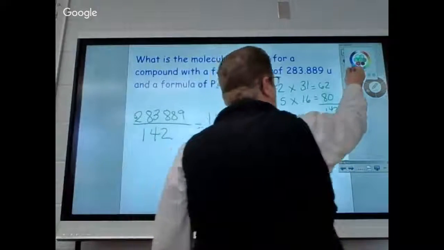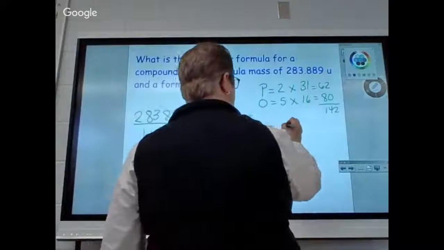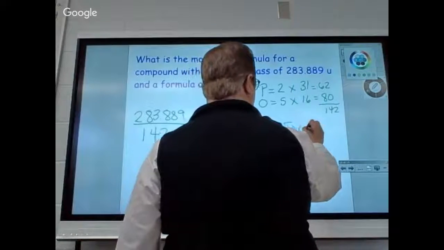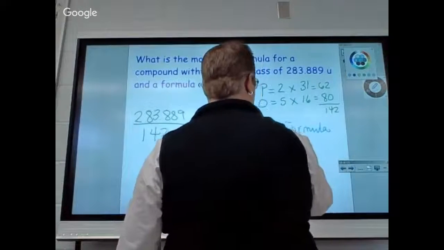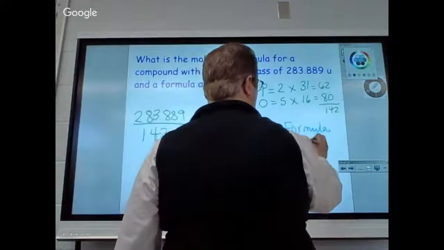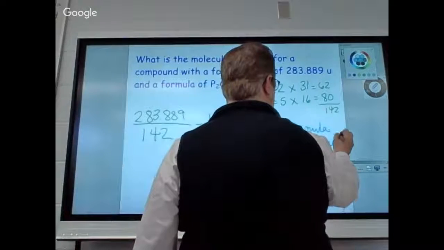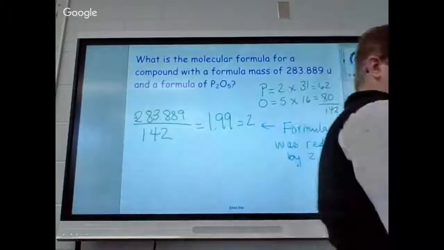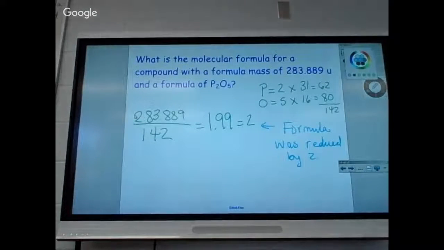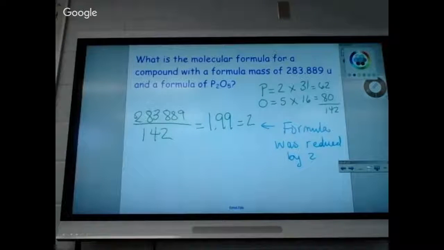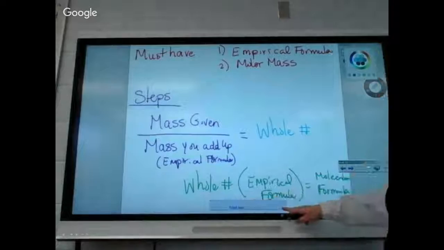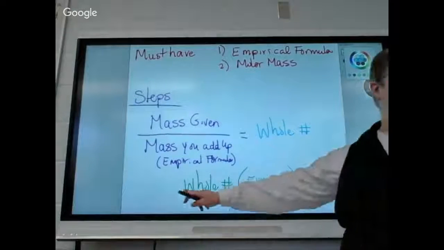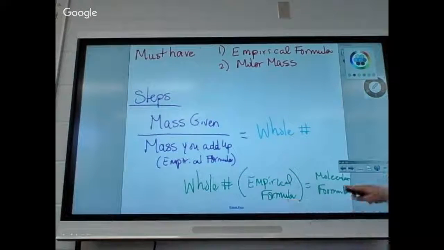Now, this means that my formula was reduced by 2. That's what we just found. Okay? We found what the formula was reduced by. So this step right here that we're doing, this whole number times the formula, is we're going to get back to what it used to be.